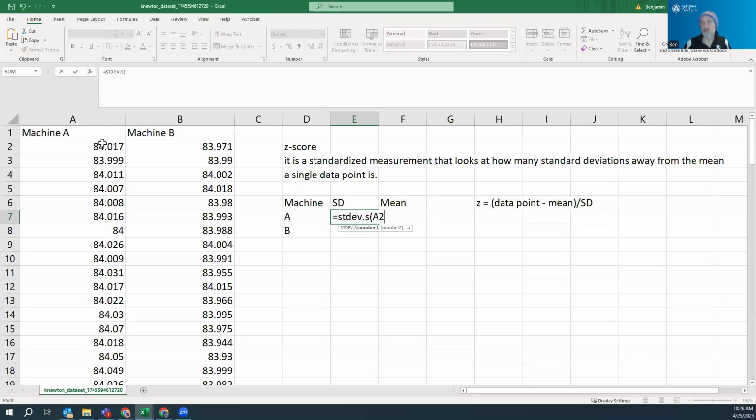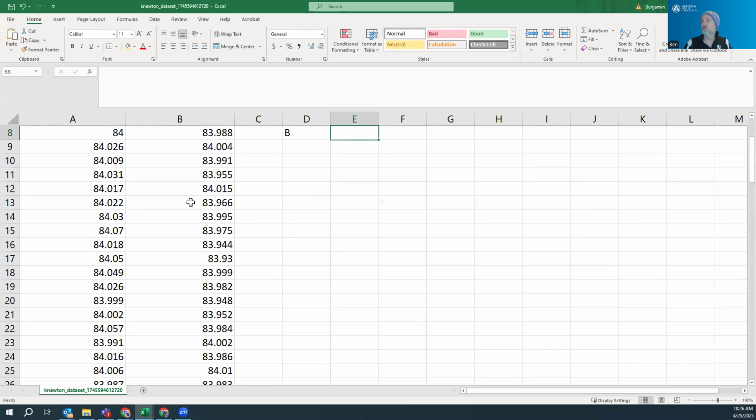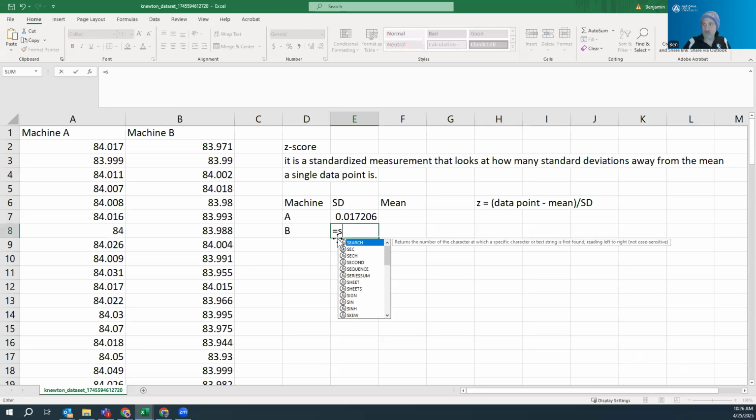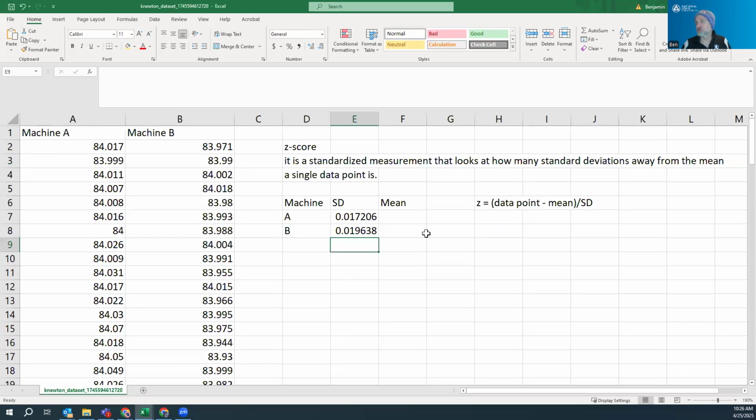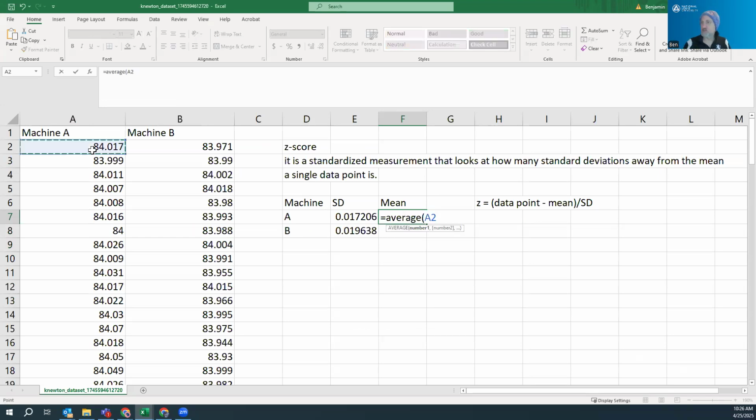I'm going to do that for machine A and for machine B, using that control shift down trick, command shift down if you're on a Mac. All right, and then I need the mean. The mean, of course, in Excel is AVERAGE. And shift down, go, and for B, average.